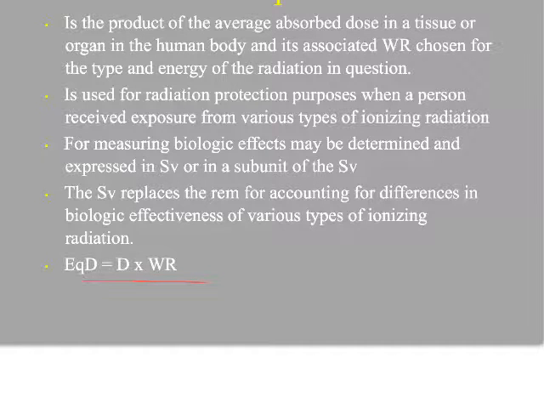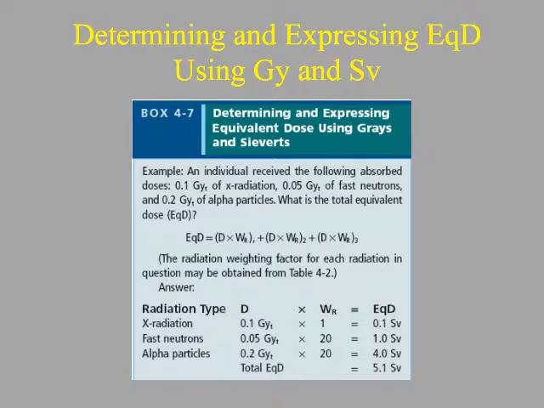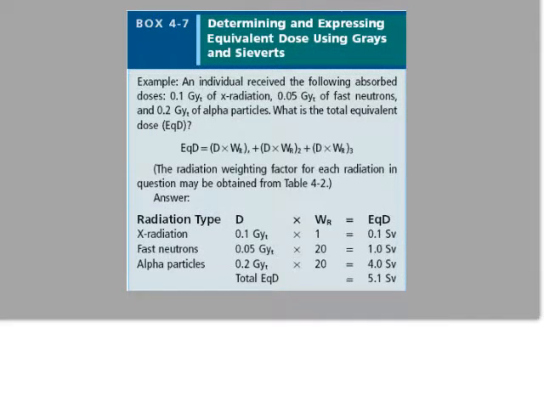So if we see something in rem, we can immediately think sievert and just do our quick conversion between the two. I think this comes from the textbook that I've excerpted here. It's just showing you different types of calculations for that. It may just be helpful for when we're doing the math later on.